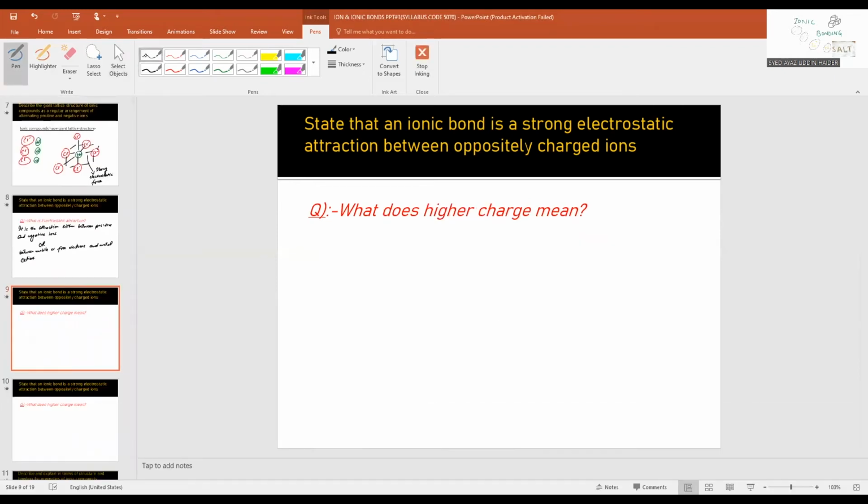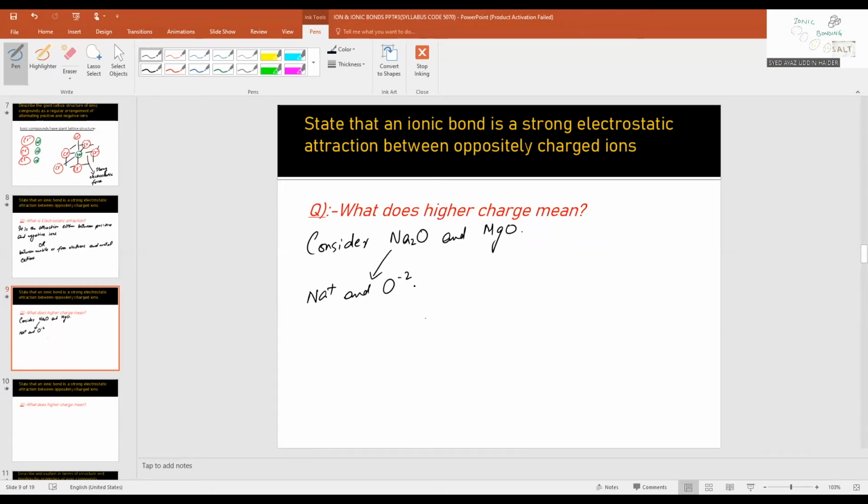What does higher charge mean? For this, you have to consider the ionic compounds Na2O and MgO. Consider two ionic compounds, sodium oxide Na2O and magnesium oxide MgO. In Na2O, there are lots of Na positive and O minus 2 ions.